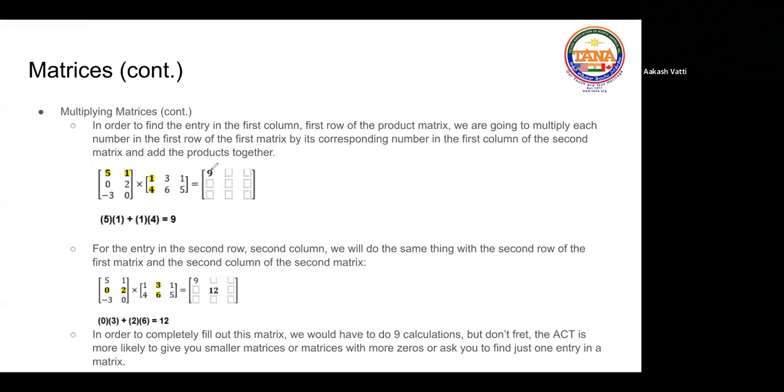To get this spot, which is the first position, in the first row and first column, you multiply the numbers in the first row of your first matrix, which are 5 and 1, and then add them to the multiplication with the first column of the second matrix. Say you wanted to get this number.